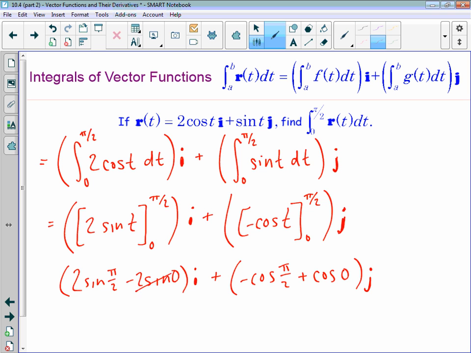Okay, so this is actually 0, right? Sine of 0. Cosine of pi over 2 is 0. Sine of pi over 2 is 1, so this just turns into 2i. And cosine of 0 is 1, so it's just j, or 1j. Questions on it? Or you could write it as 2 comma 1, right?